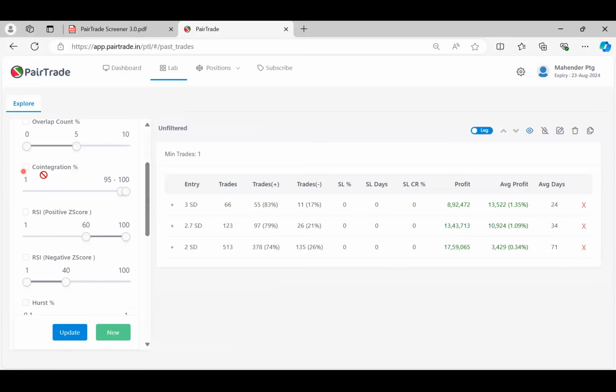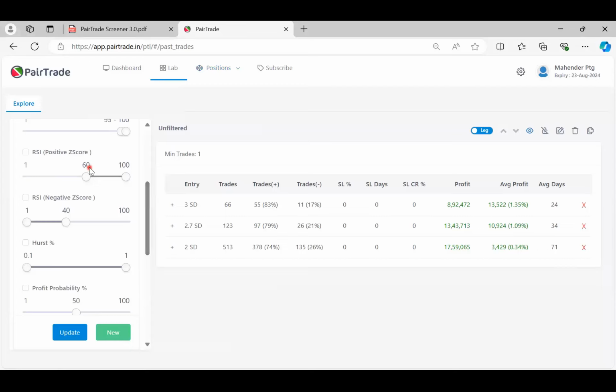Next is the cointegration, RSI. For RSI, there are two different values for positive z-score and for negative z-score. Generally, the z-score is positive or negative. That means if symbol 1 is outperforming, then the z-score would be positive. If symbol 2 is outperforming, the z-score would be negative.